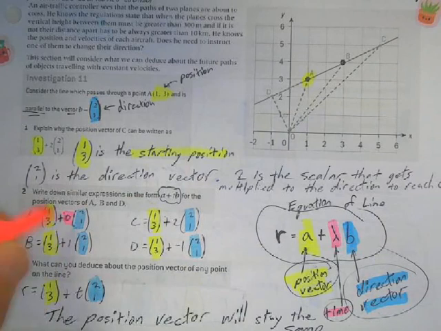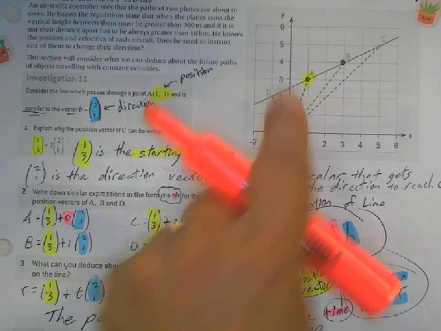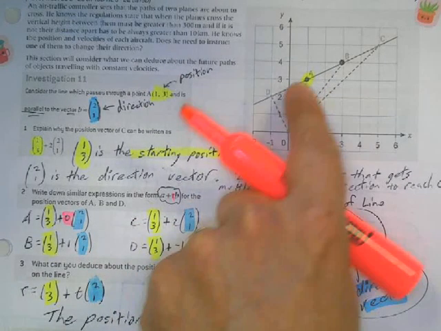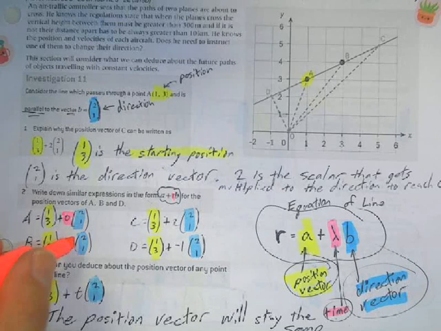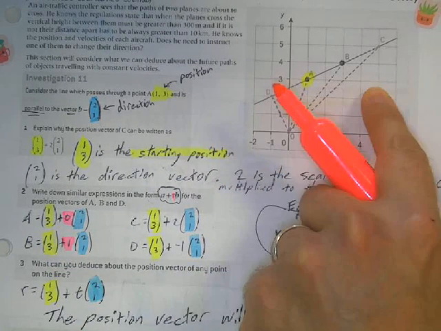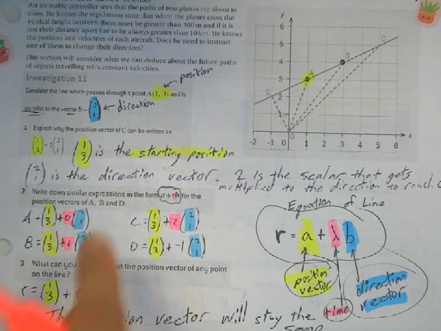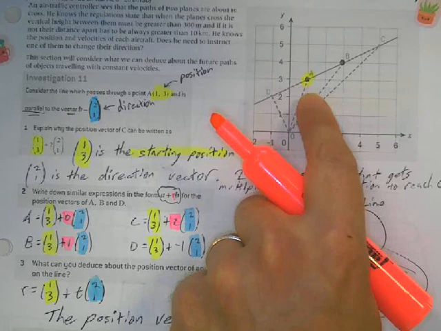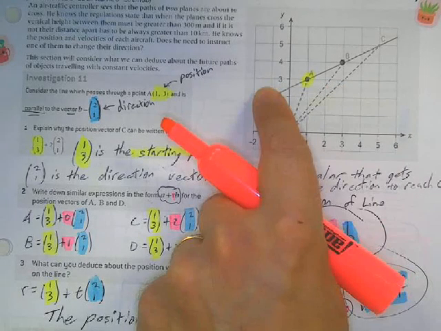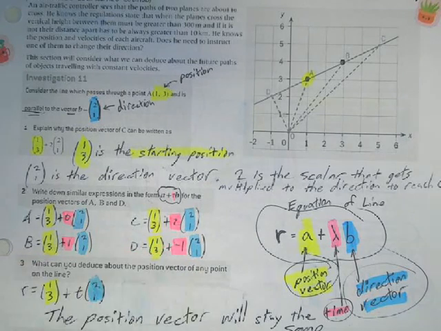For B, we're going over 2 to the right, 1 up, so our t value here is just 1. To go to C, we're going over 4 and up 2, so here the t value is 2. And to go to D, instead of right 2, I'm going left 2 and down 1, so my t value is -1.